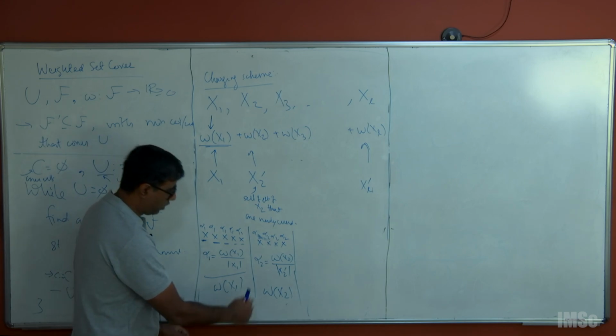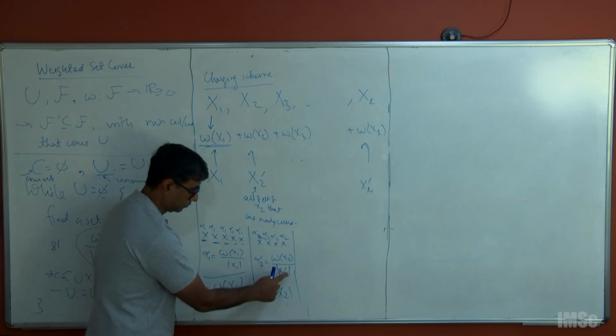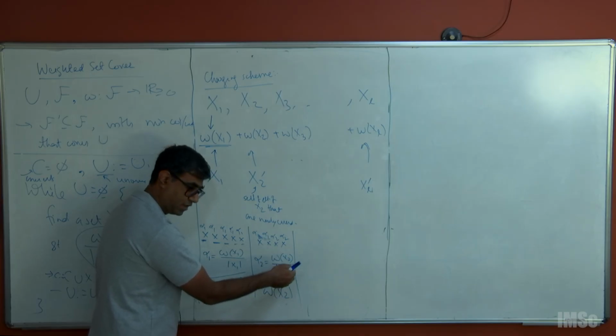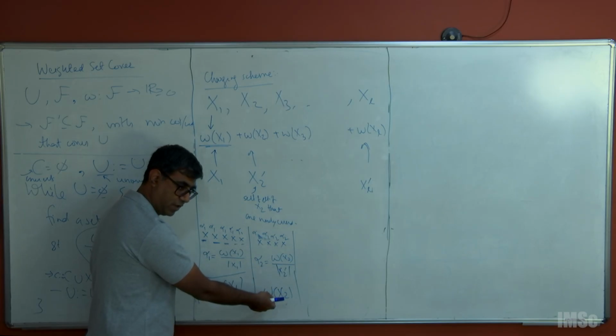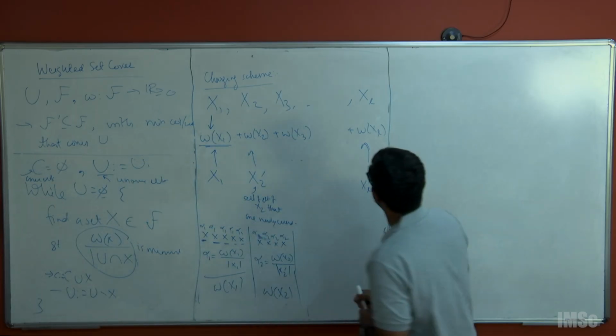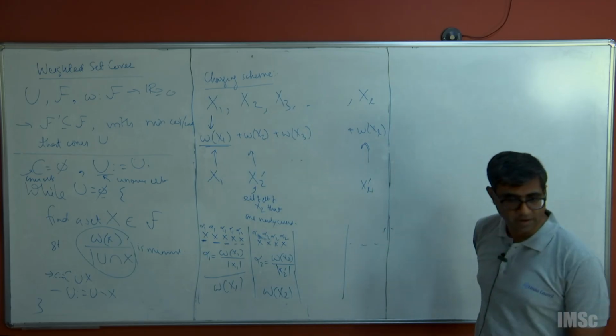So what is the definition of alpha 2? Weight divided by the size of x2 prime. How many elements are here? So if I multiply with this, will I not get weight of x2? And similarly, this is what is happening everywhere.